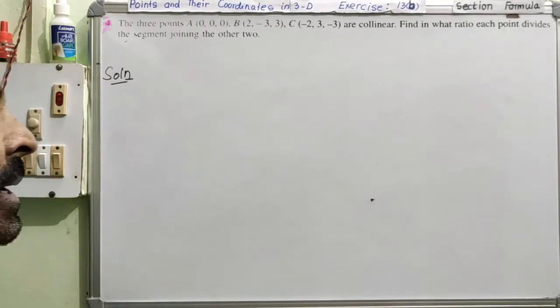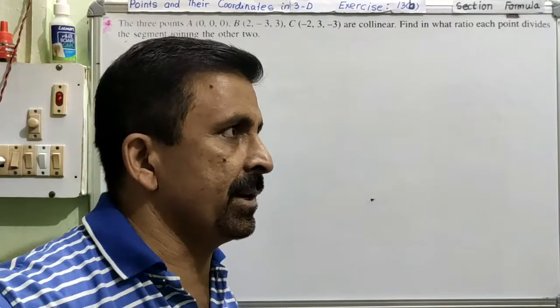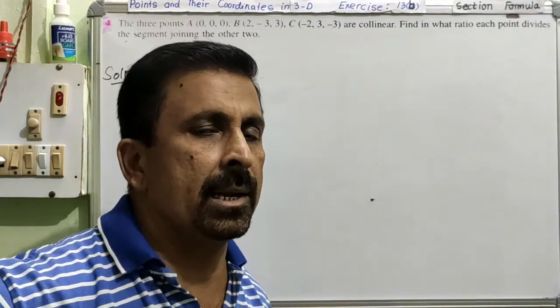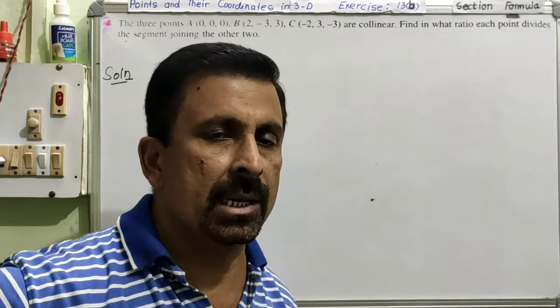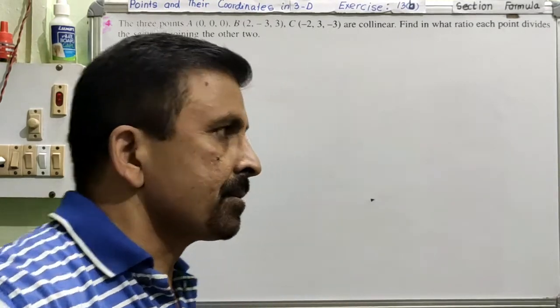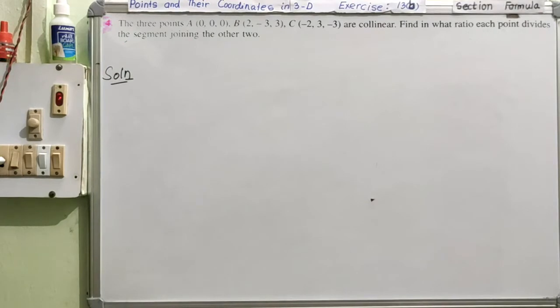You already know the meaning of collinear, I told you in the previous video. Collinear means points lying on the same line. So the question is, the 3 points A, B and C are collinear. Find in what ratio each point divides the segment joining the other 2 points.